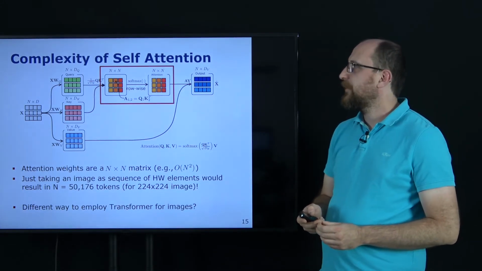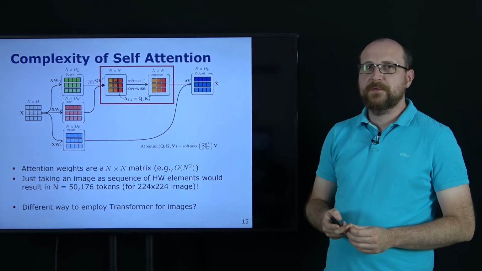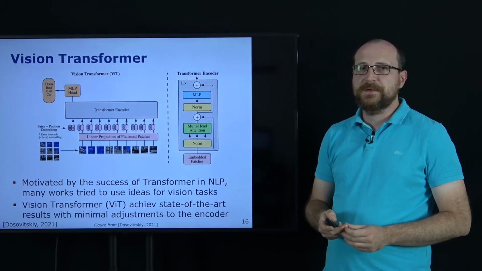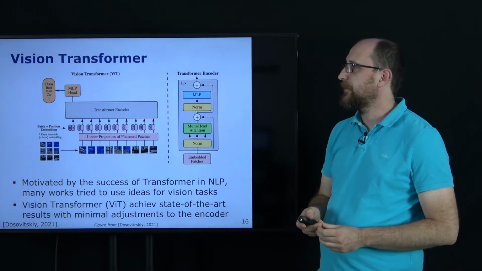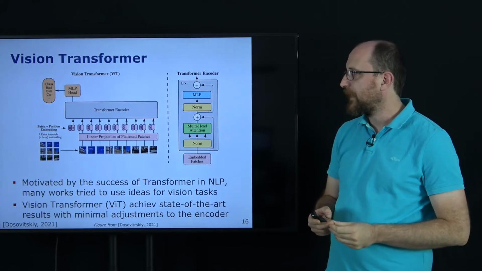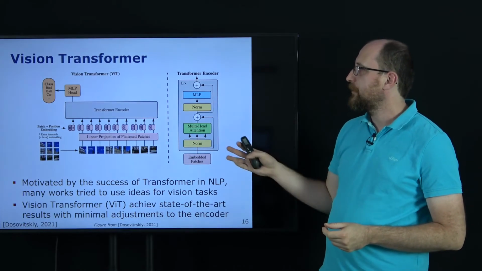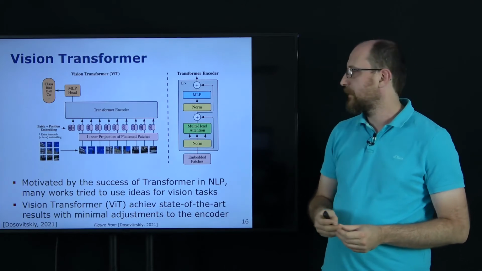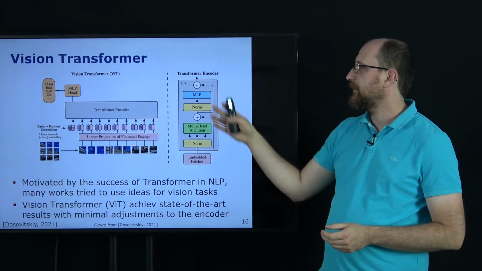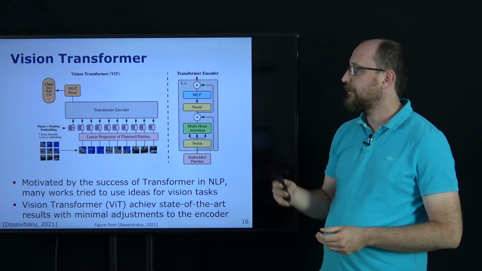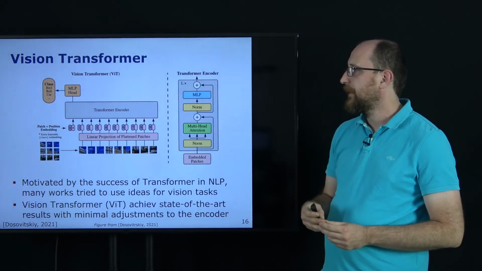A very simple idea to apply transformers to vision tasks was then the so-called vision transformer. The idea was to use, as before, the standard transformer encoder with the multi-head attention and the MLPs, as we discussed before, and apply this to vision tasks.